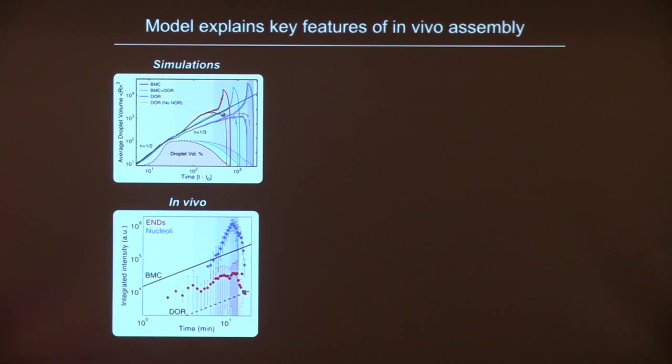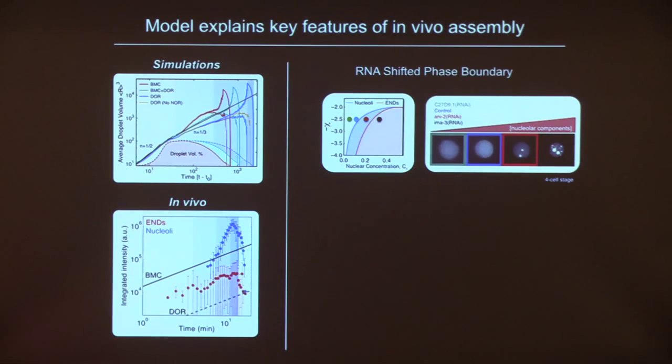One of the key predictions of this picture is that if you could adjust the concentration to get into that region between the two phase boundaries, the plus RNA and the minus RNA phase boundary, you could get to a place where you only nucleate droplets at the transcriptional sites, but nowhere else.